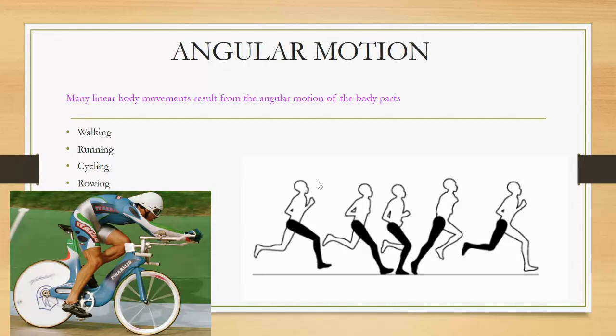So you can see there is rotation happening in the legs of the cyclist in order to propel that bike forward. Same with the runner. There's rotation of the leg to complete that motion in order to generate power and move in rectilinear motion.